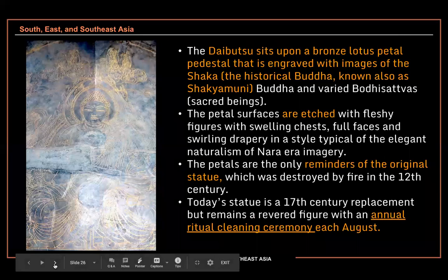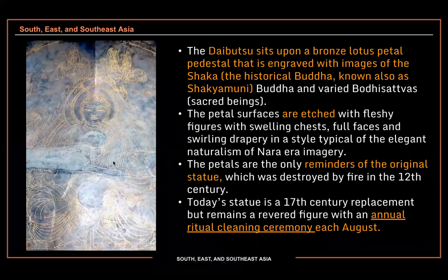Right? And this is actually the chakra. This is where he's sitting on this lotus pedestal, and it's engraved with images of Buddha on the surface. This is actually probably the oldest part of the bronze sculpture, because the other one was destroyed and this one was rebuilt.